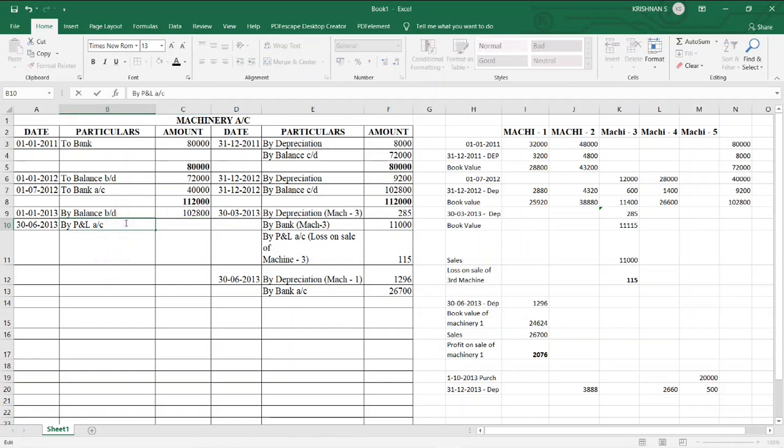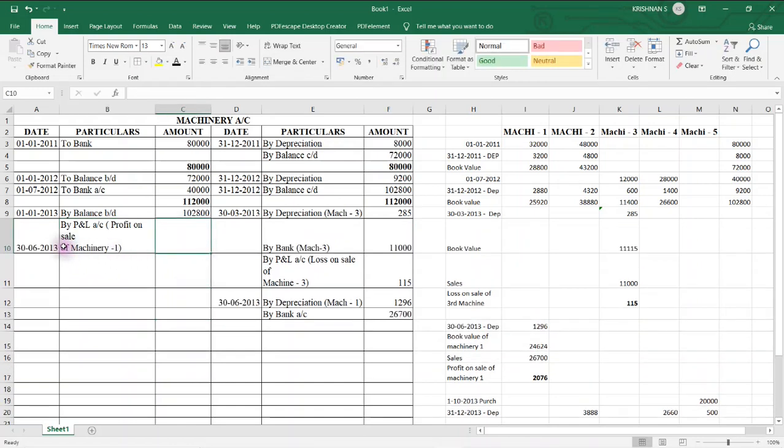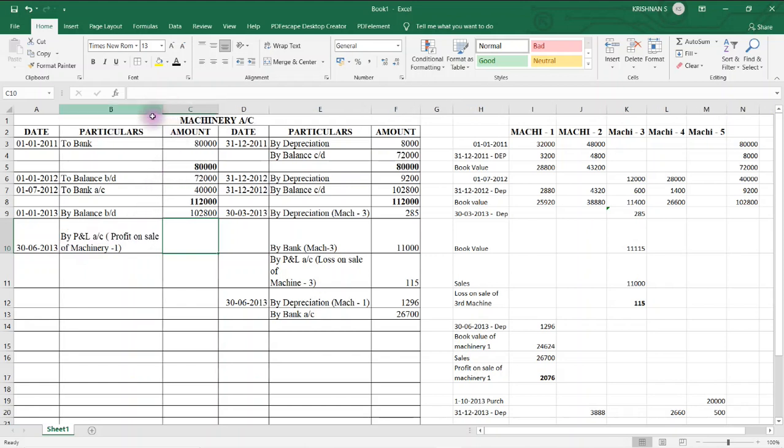In between brackets we can mention it as machinery 1. So profit on sale of machinery 1 is 2,076.